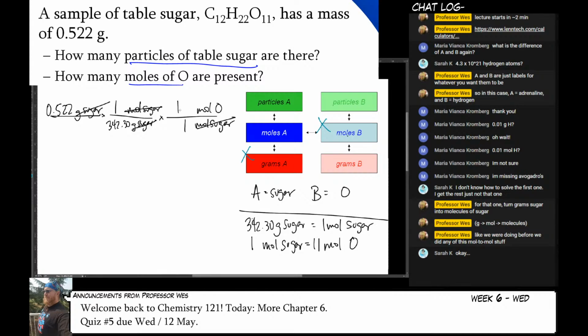And in 1 mole of sugar, there are 11 moles of oxygen. We punch it in the calculator and get the answer, 0.0168. There you go, that's the second one.